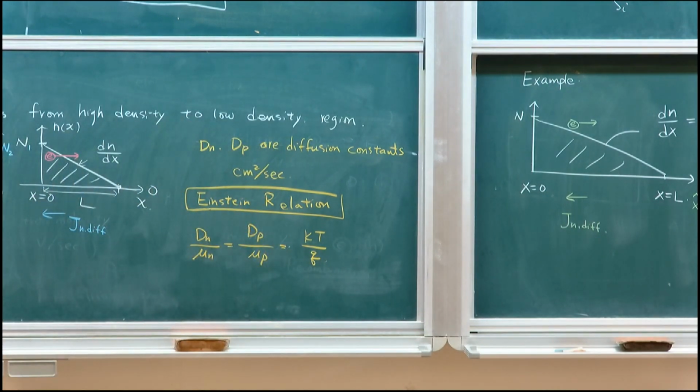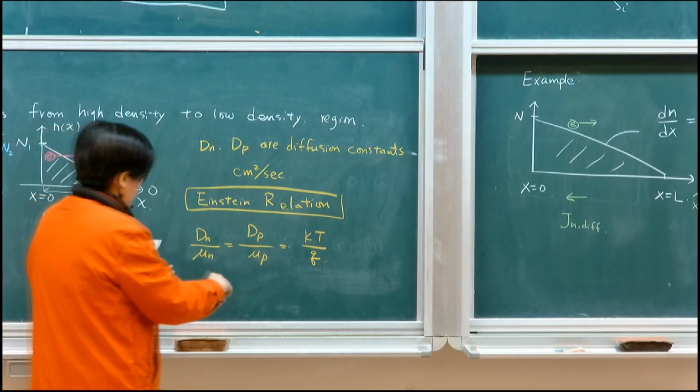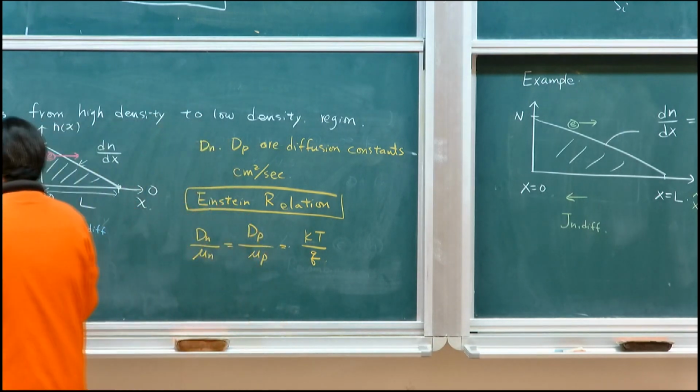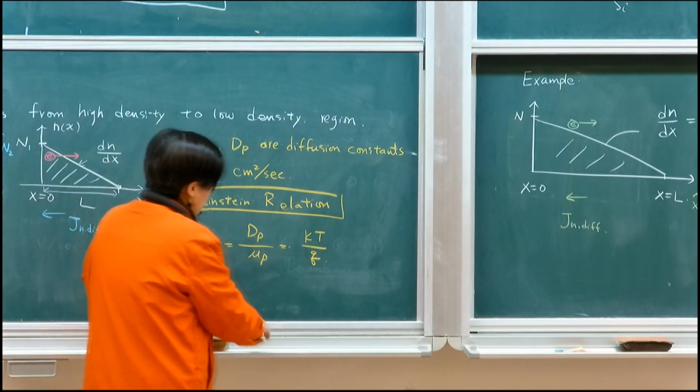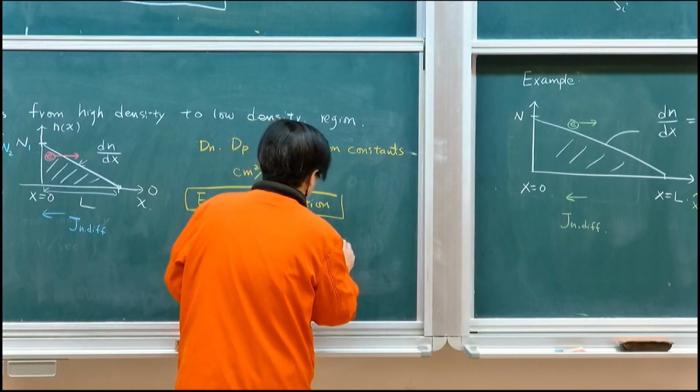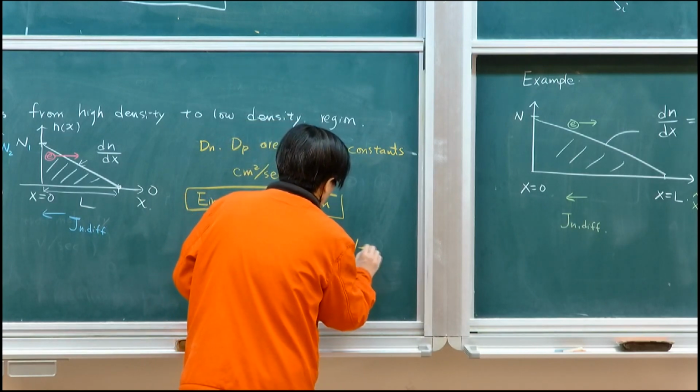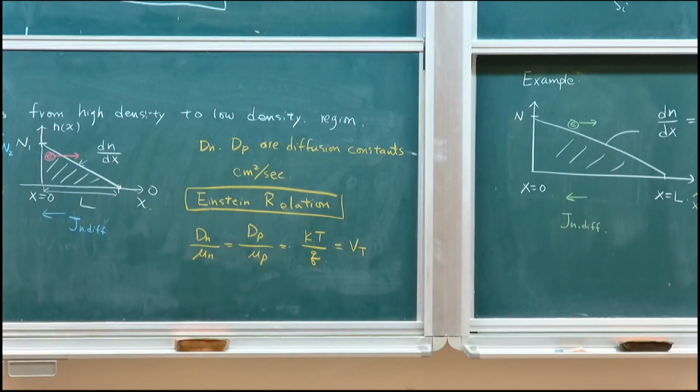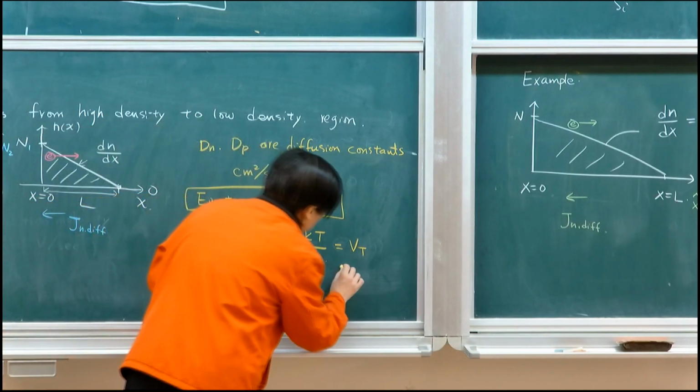This is actually proven by kinetic energy when a carrier is moving in a population. Okay? So this is typically referred to as VT. We're going to use this term a lot. kT over Q is called the thermal voltage.